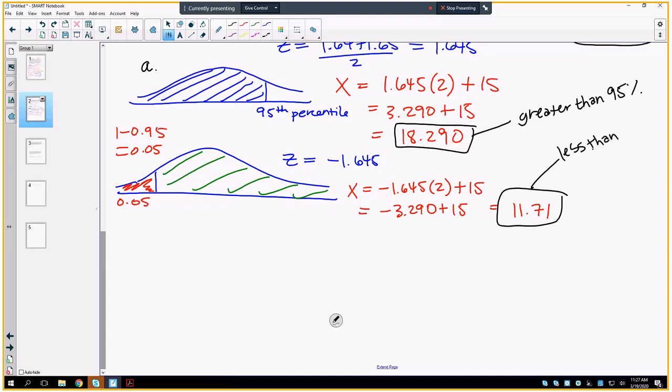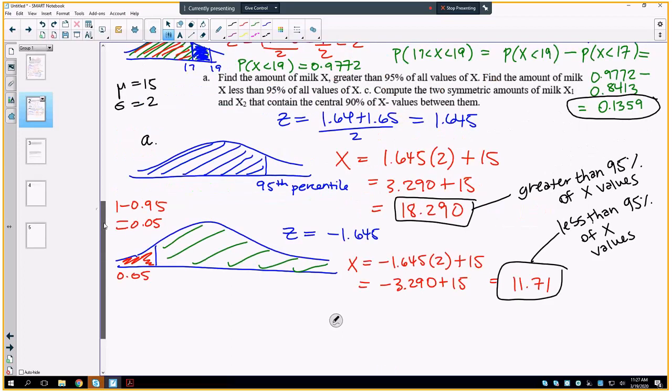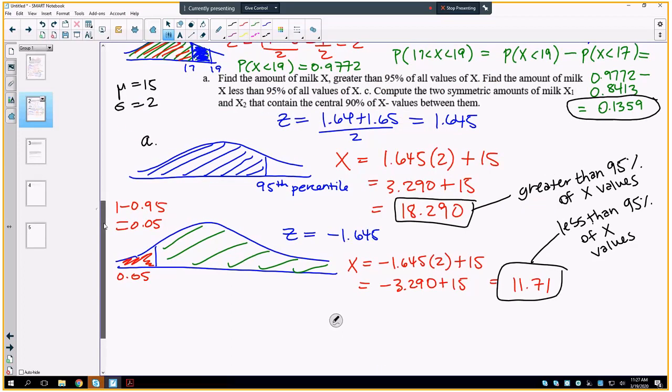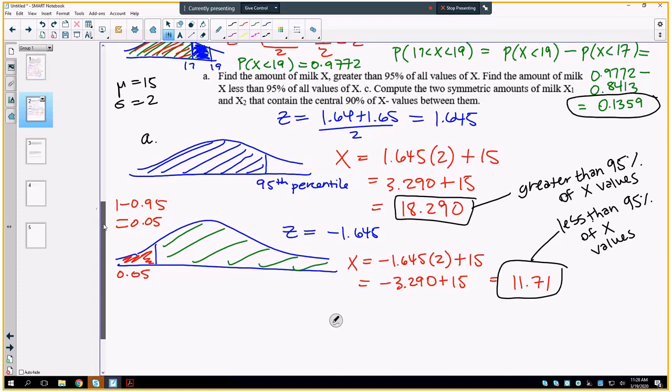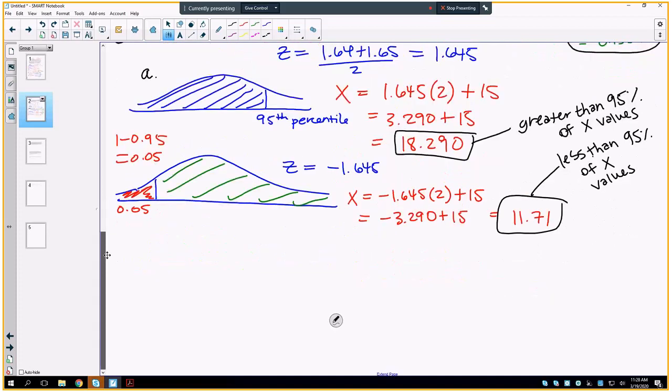And that's less than 95% of x values. Okay? And then finally, the problem asks us to combine this information together and compute the two symmetric amounts that contain the central 90%.